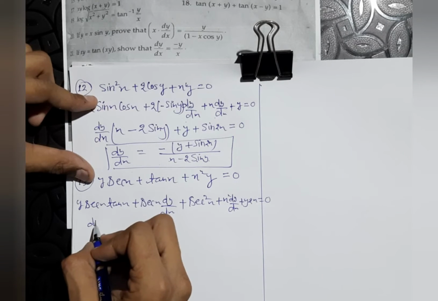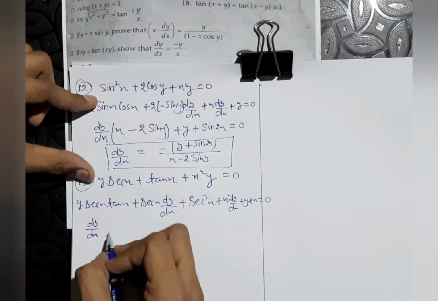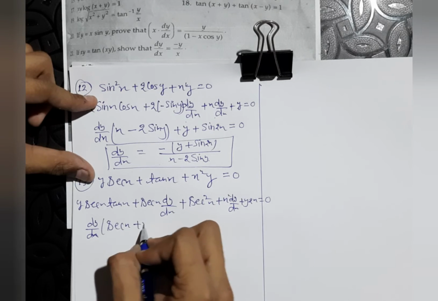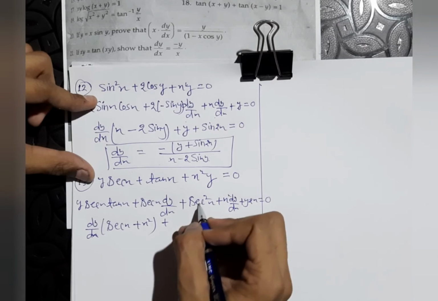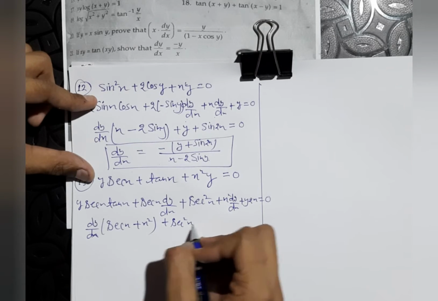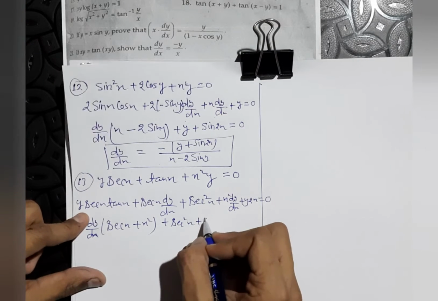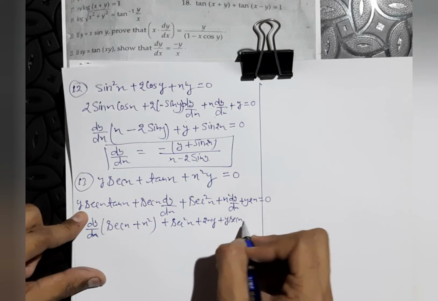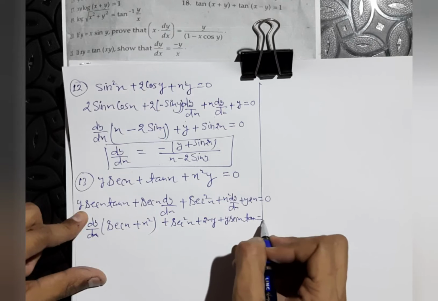Let me take dy over dx as common from the whole equation. I get sec x plus x square times dy over dx, plus sec square x plus 2xy, plus y times sec x into tan x equals 0.